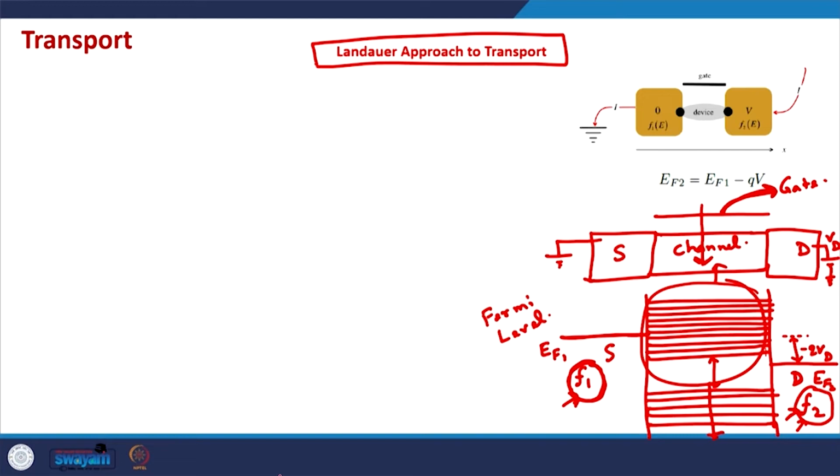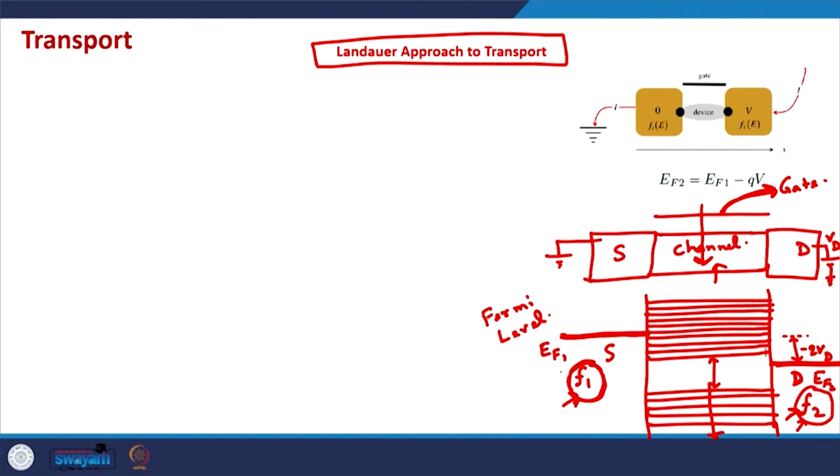So that's what happens, and there is a basic point that I would just like to remind you, which we have also discussed several times during our discussion on the general model of transport: when we apply a voltage on the drain terminal, the drain contact tries to bring the channel in equilibrium with itself, and the source contact tries to bring the channel in equilibrium with the source contact, or with itself.